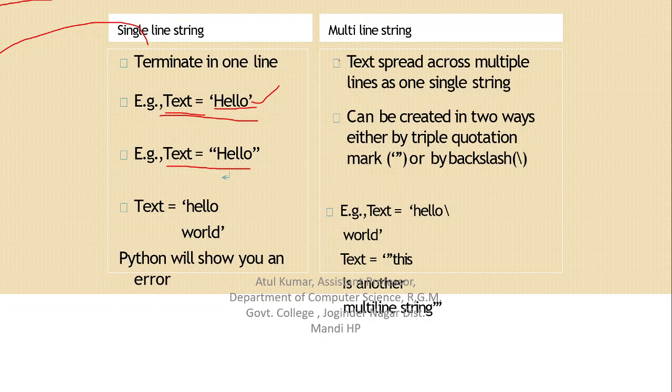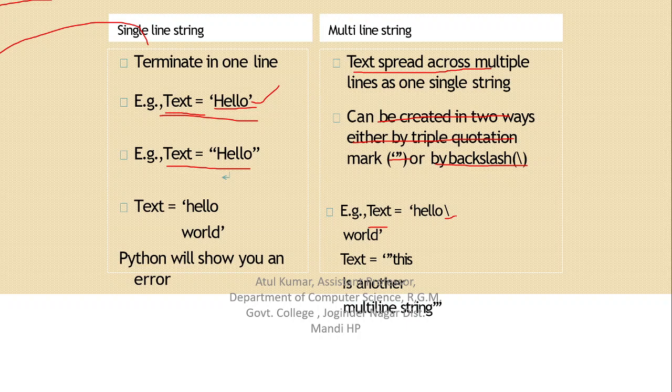Then we have a multi-line string literal. Multi-line string literals span multiple lines. They can be created in two ways, either by triple quotations like this, or with the help of a backslash. So this one is the first example. Text is equal to single quote hello, then there is a backslash.